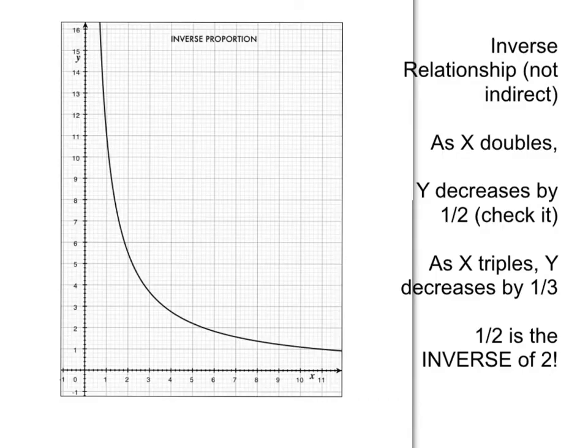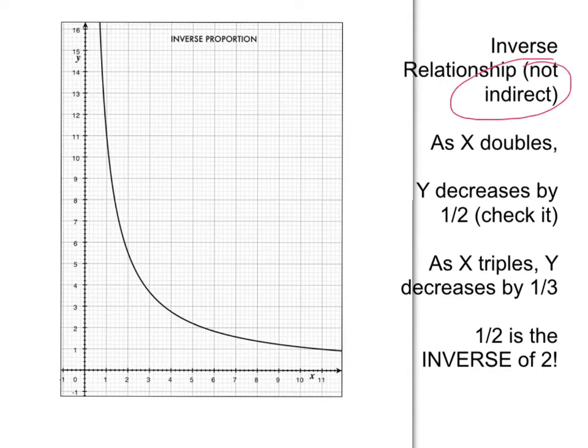Another type of relationship is an inverse proportion. Now, inverse, you're typically going to see here a negative slope, so your line's going to be going down. In other words, as your x-axis numbers are going up, your y-axis numbers are going down. So it is inverse. Now, this is not the same as indirect, and I want to make sure that you're really paying attention to that, because indirect just means as one goes up, the other goes down.